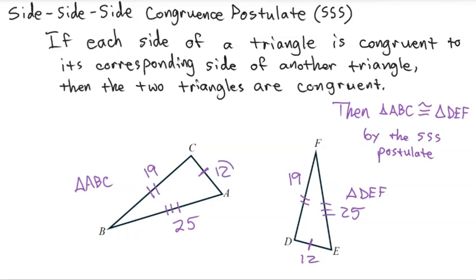And so when the measures are the same, that means that the sides are congruent. And if all three pairs of corresponding sides are congruent to each other, then that means that the two triangles themselves are congruent. Let's look at some examples of how we can use this postulate.